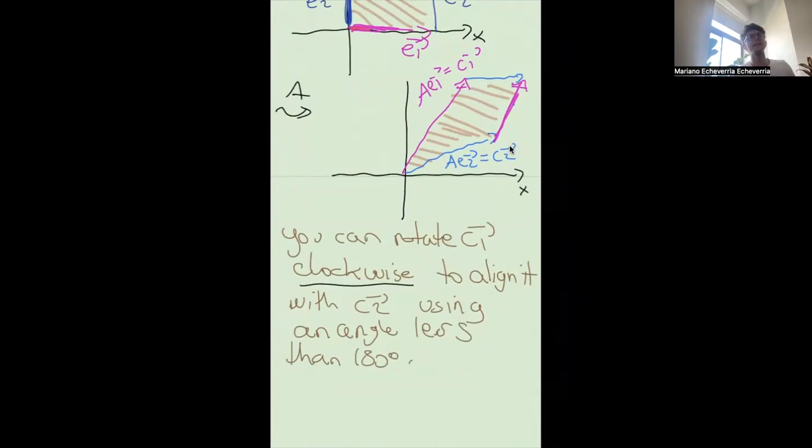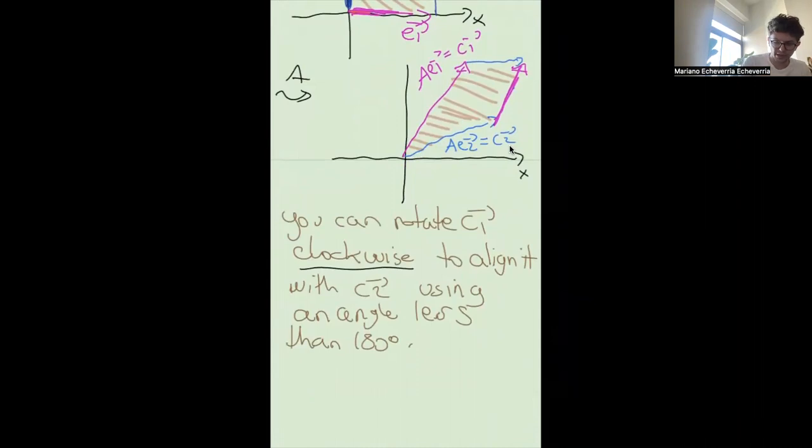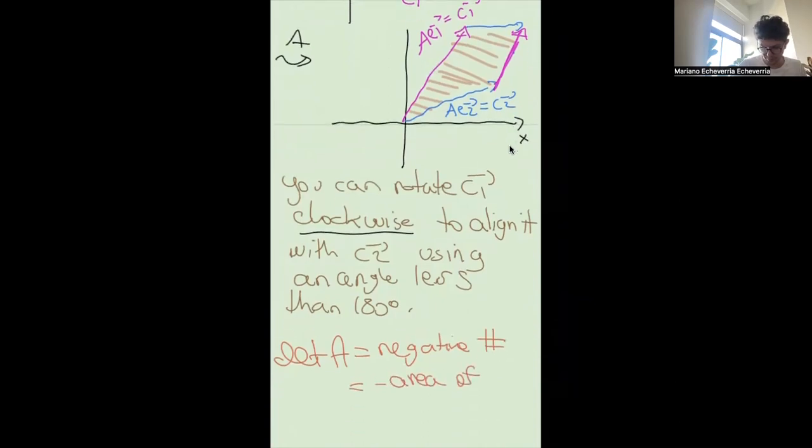So when the angle is clockwise, the determinant is going to be minus the area of the parallelogram. So the determinant of A is going to be a negative number, minus the area of the parallelogram.